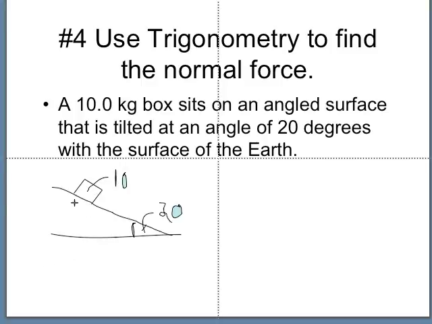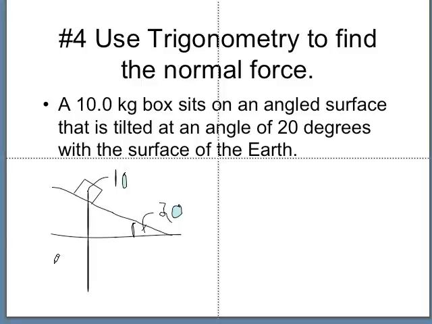Now we know from our definition of gravity that gravity pulls an object straight down toward the center of the earth. Okay, so we want to draw a line that is straight down from the center of the box to what would be considered the center of the earth, tangent or perpendicular to the surface of the earth. And that line represents the force of gravity.